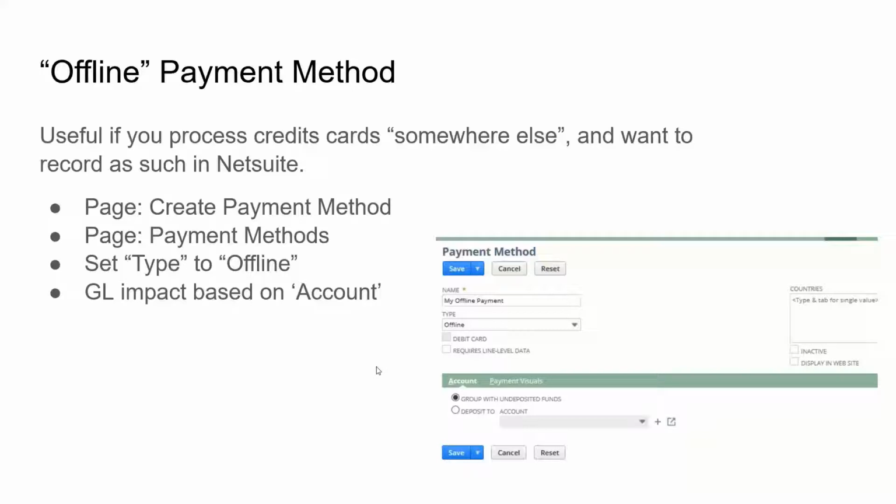In this payment method, you can pick the default behavior: should it post to undeposited funds, or should it post directly to our bank account? There are pros and cons to both. I didn't plan to get into that, so just be aware that with the payment method, you can pick the undeposited funds behavior.